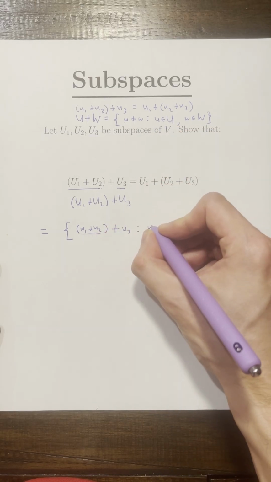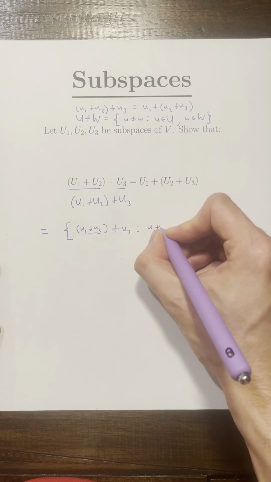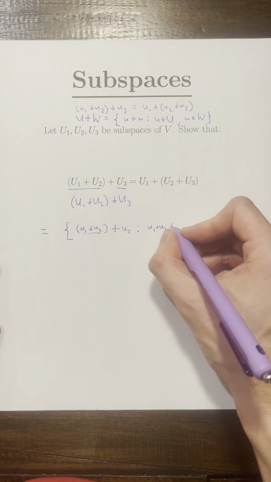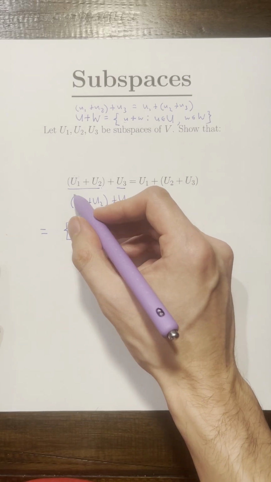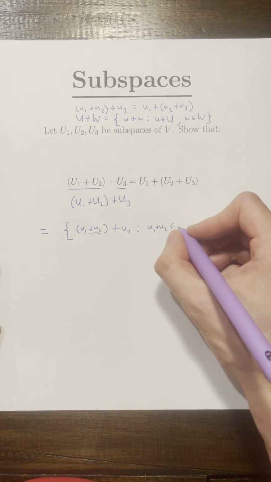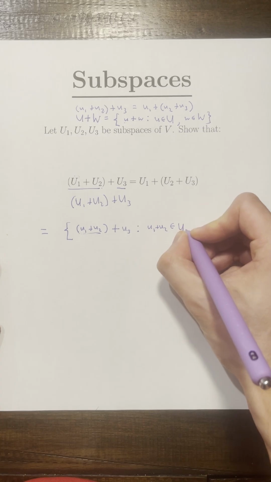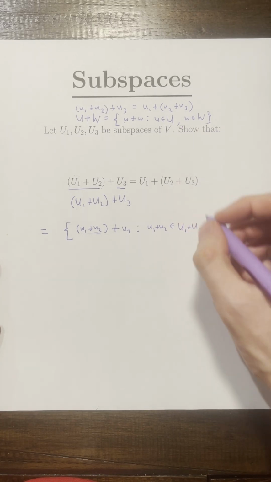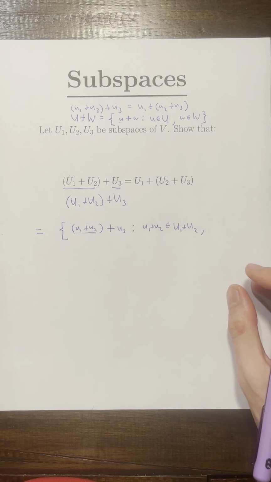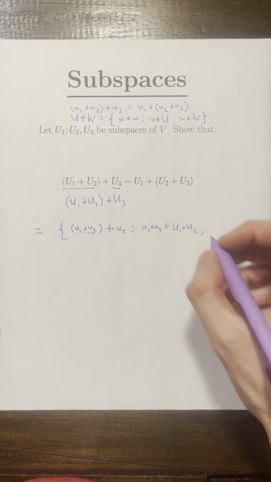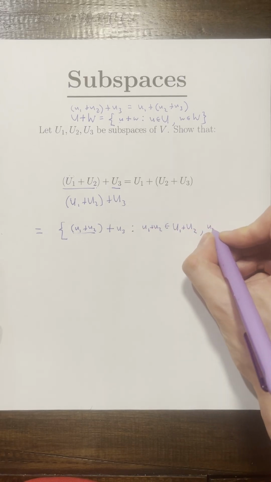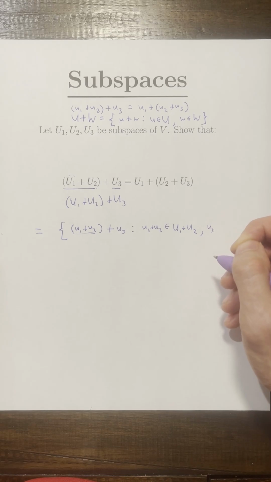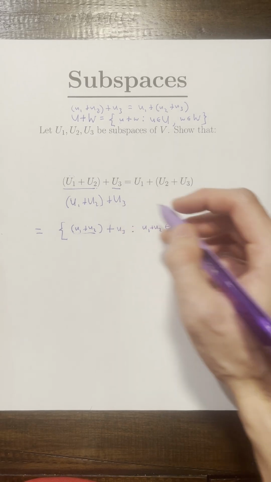Such that u1 plus u2 is a vector belonging to this subspace. Okay, what else? Where does lowercase u3 belong? This subspace.